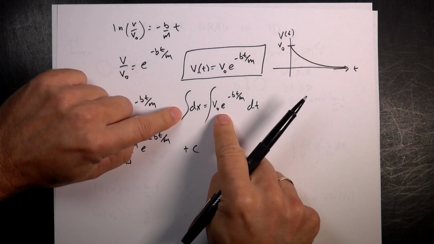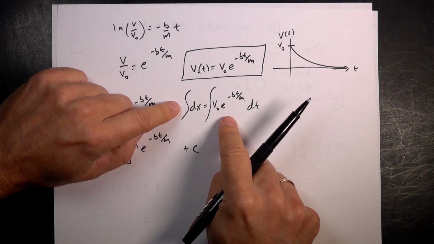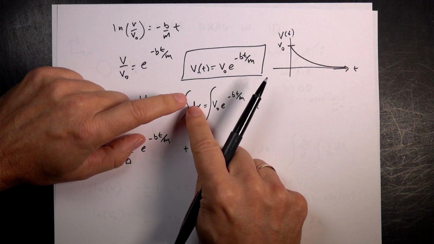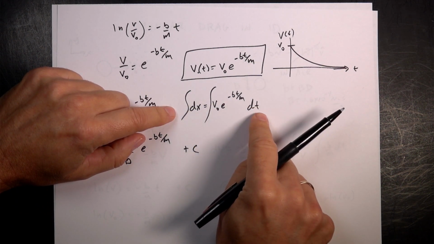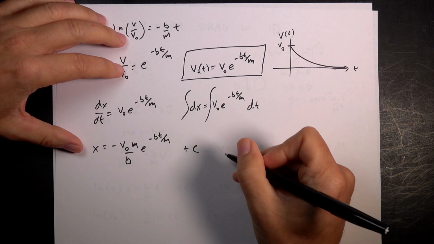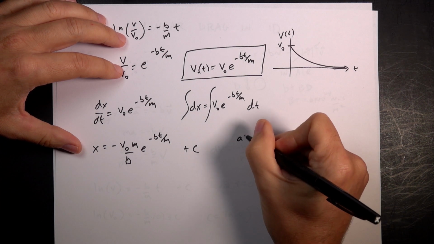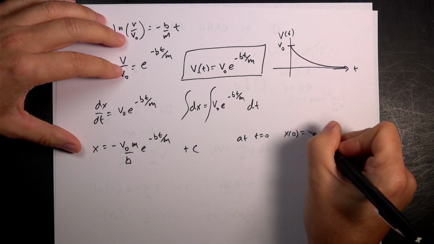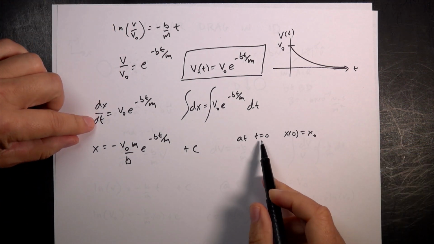And just so you know, I wasn't clear before. These are both indefinite integrals, but I only need one constant, right? If I put a constant here and a constant there after integrating, then I can just add them together. So I only need one constant. So again, let's say at t equals 0, x of 0 equals x0. So let's put in t equals 0.